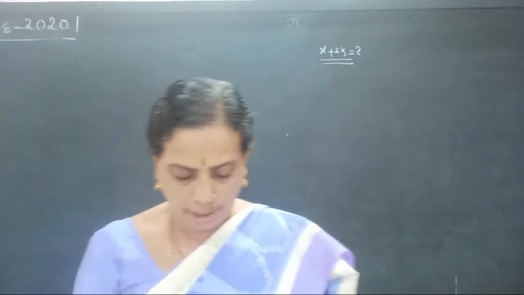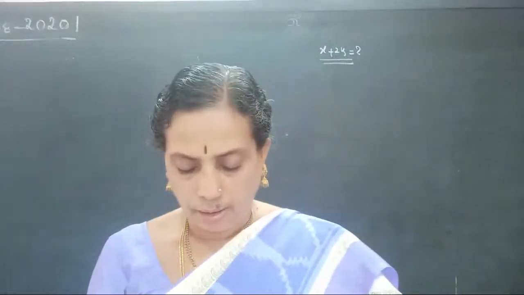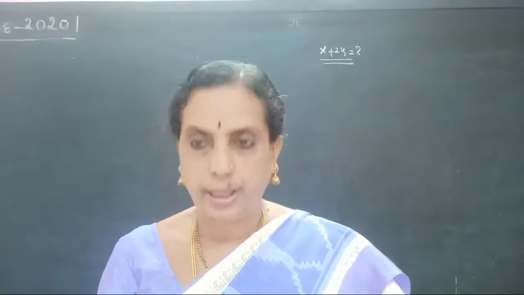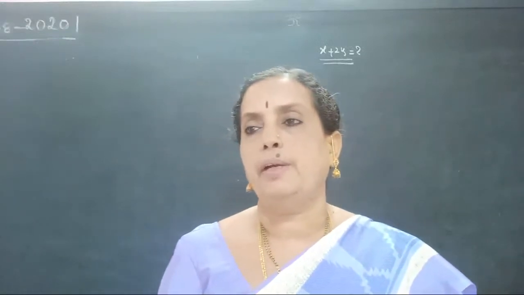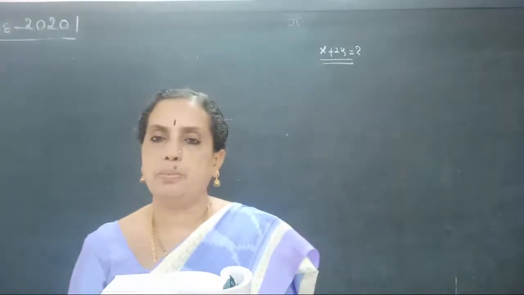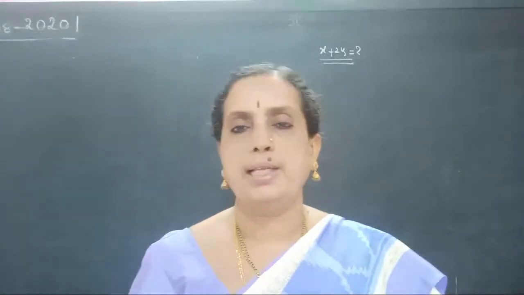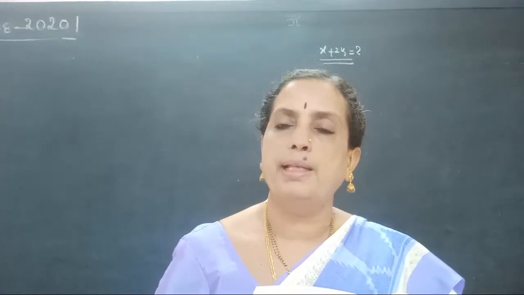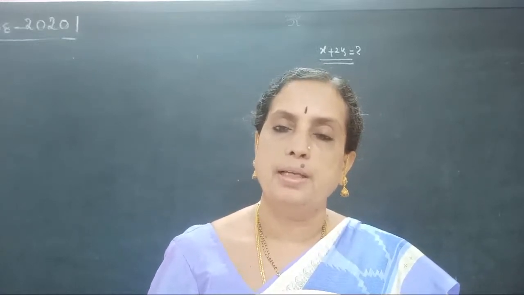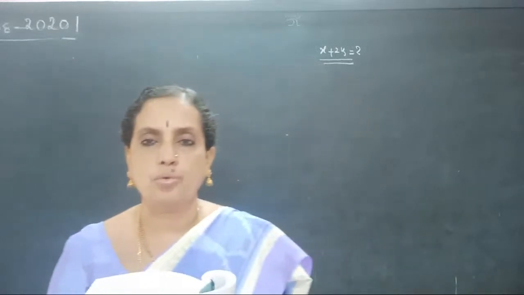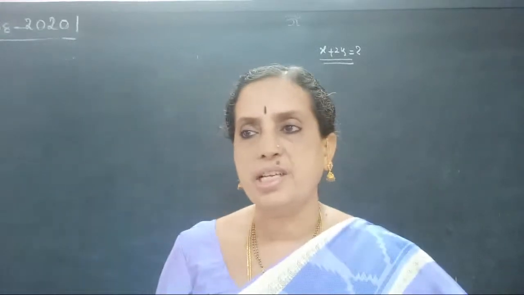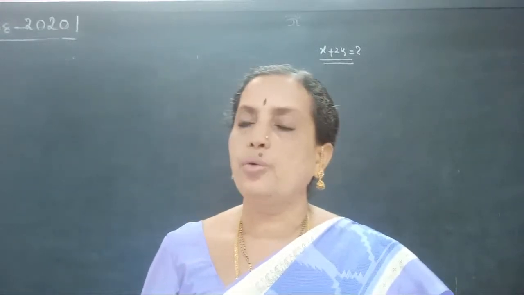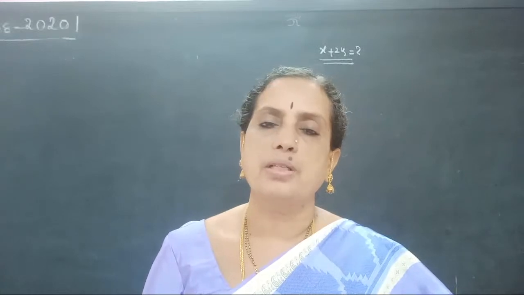If 27 is added to the number, the digits interchange their places. That means usually we take tens place and ones place as 10x plus y. So you take y as the unit place and x as the tens place. Substitute the second condition. You will get two equations.